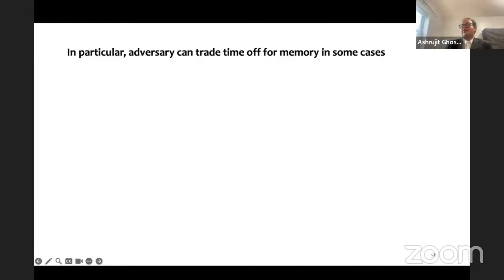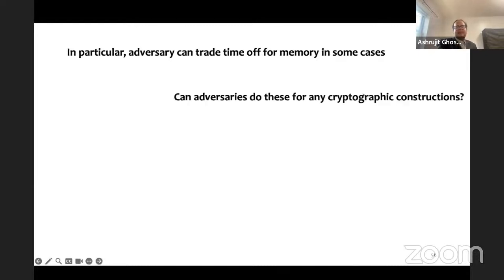So, what we saw in the previous slide is that in some cases, according to best known attacks, there's a trade-off between time and memory required by an adversary to break cryptography. So it's natural to ask, are these trade-offs applicable to any cryptographic system? Turns out they're not always applicable.